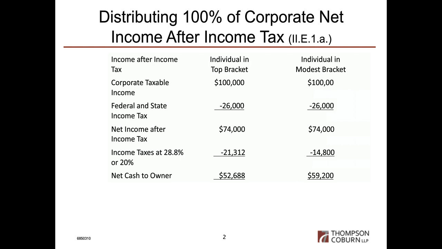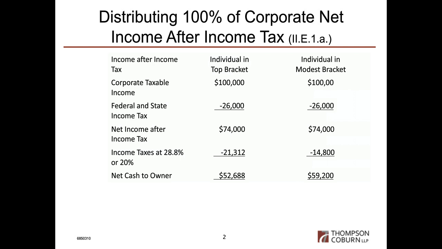So the big deal for a C corporation, which pays tax on its own earnings, is that 2017 tax reform reduced the top rate from 35% to a flat rate of 21%. Now, in addition to paying federal income tax, a C corporation will generally pay state income tax.